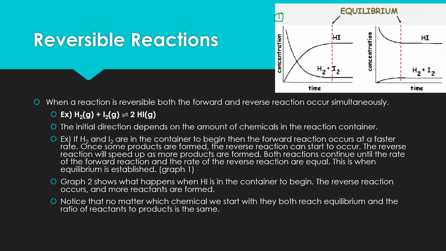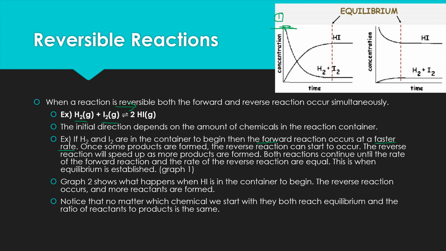If hydrogen and iodine are in the container to begin, so I take a container that's empty, it has no chemicals, and we add hydrogen and iodine gas, those would be in high concentration. We can see that their concentration starts out really high, and the forward reaction will occur at a faster rate. So we're going to start out with just the reaction going from reactants to products, in the forward direction.